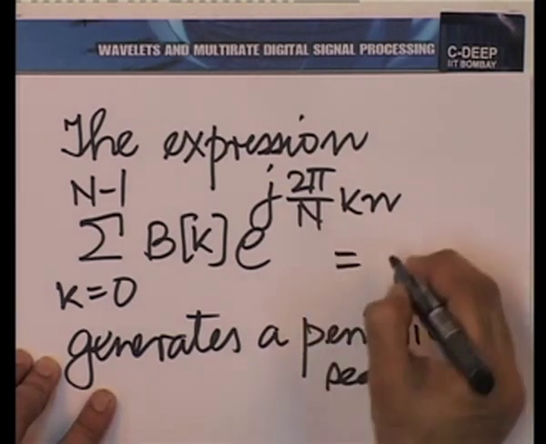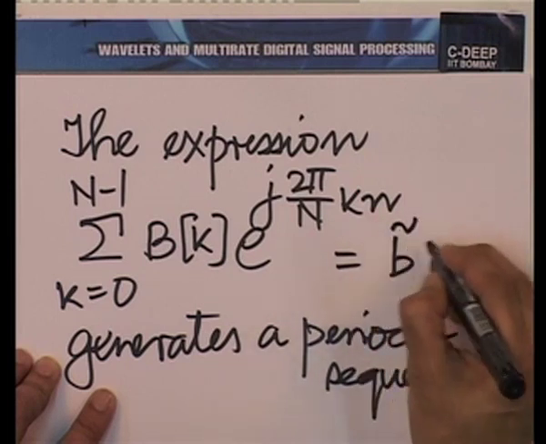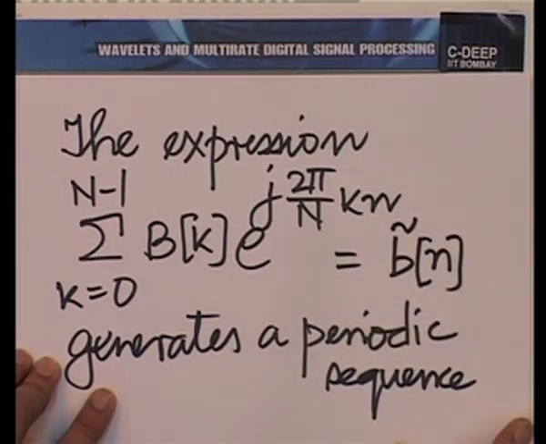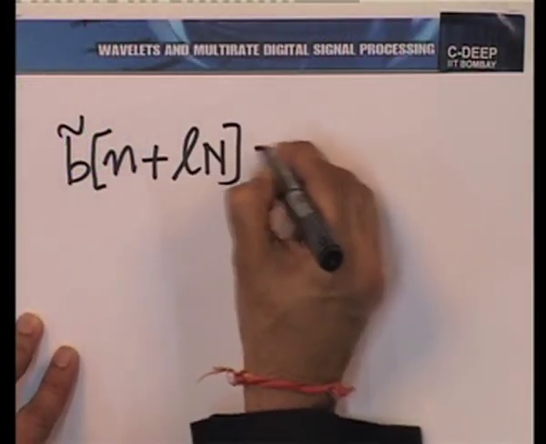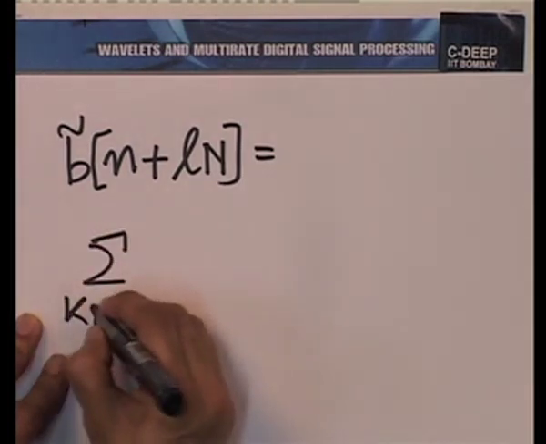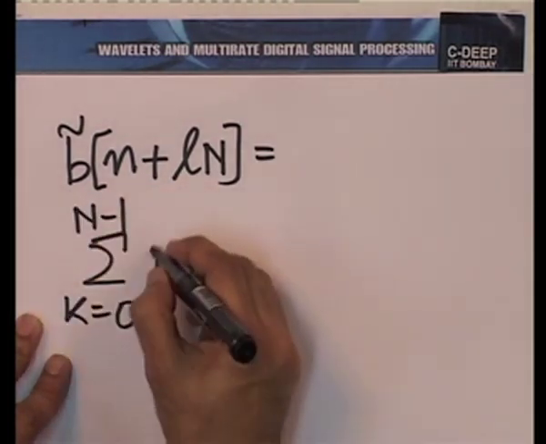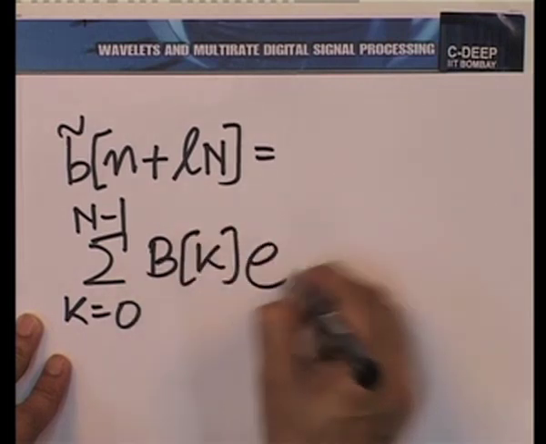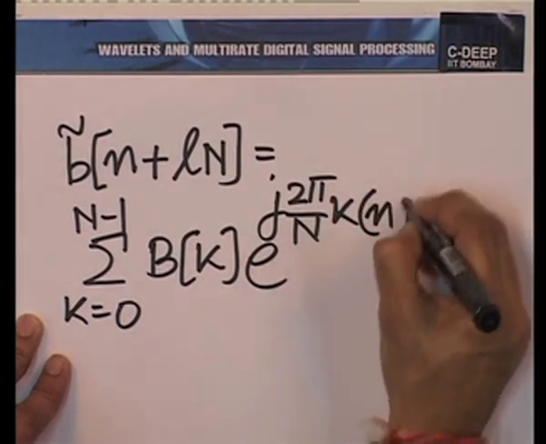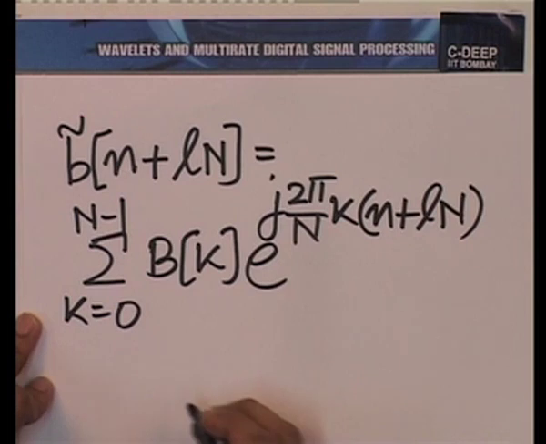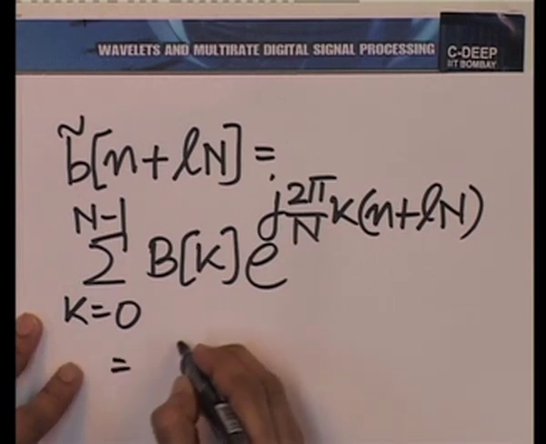So, let us call this expression, as a function of n, b tilde n. It is very clear that b tilde n plus L times capital N is essentially summation k going from 0 to capital N minus 1 b_k e raised to the power j 2 pi by capital N k into n plus L times capital N, and this can be simplified.